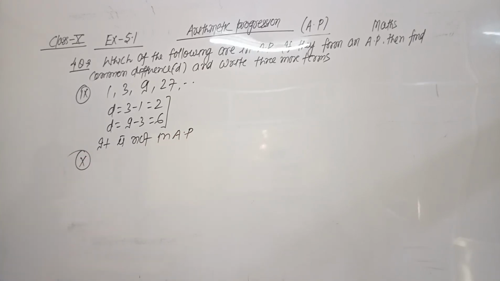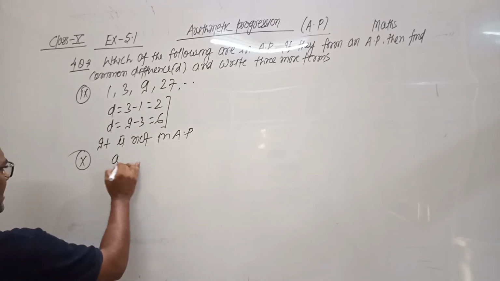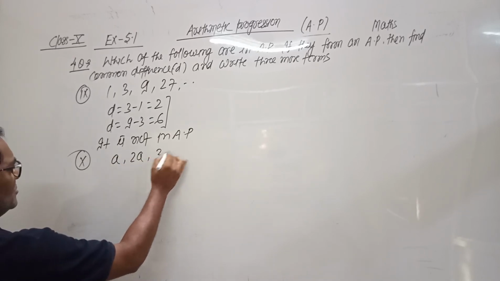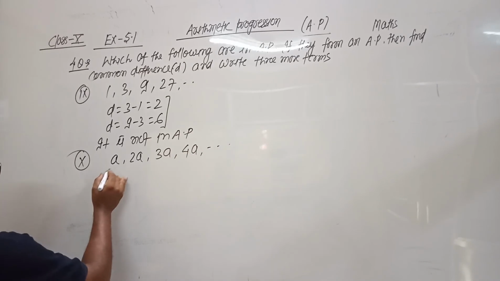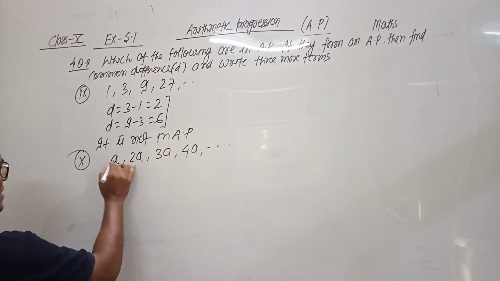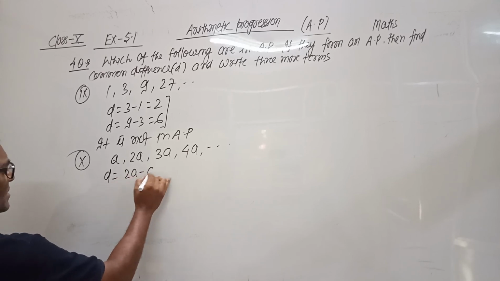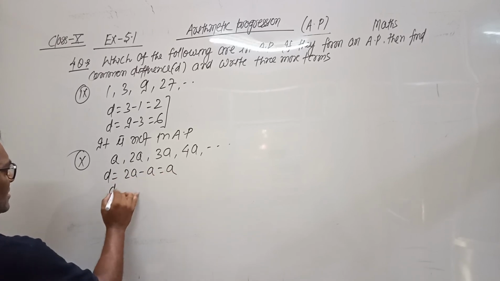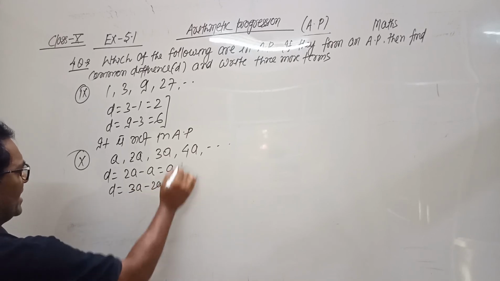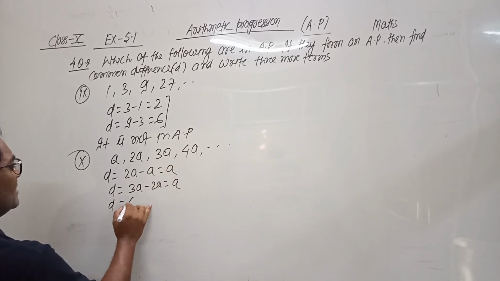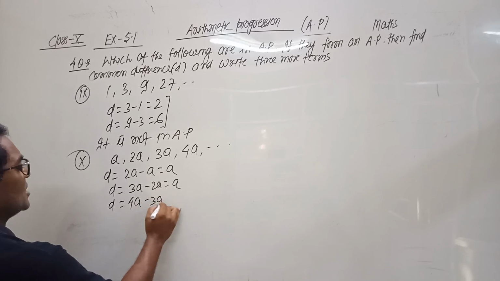Part 10: a, 2a, 3a, 4a, and so on. So the common difference: 2a minus a, which is a; 3a minus 2a, which is again a; 4a minus 3a, which is again a.